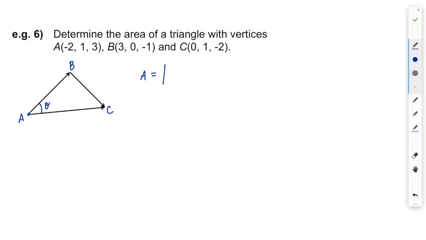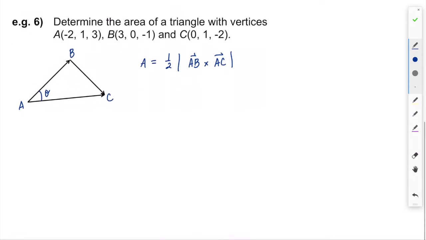You can use BA and BC, you can use CA and CB, you can use AB and AC. So for simplicity, I'm just going to do 1/2 AB cross AC. And recall how we can actually find these vectors using position vectors.